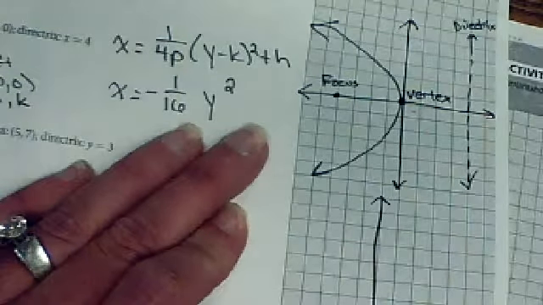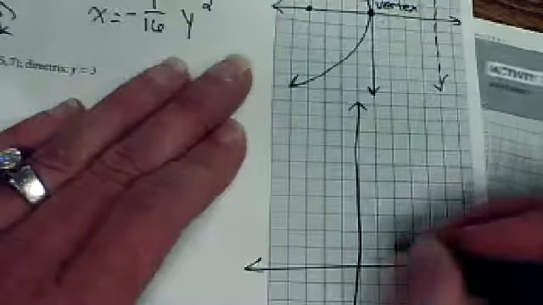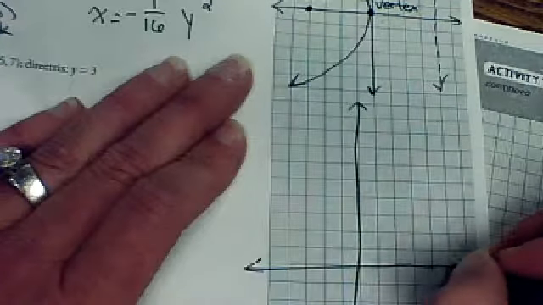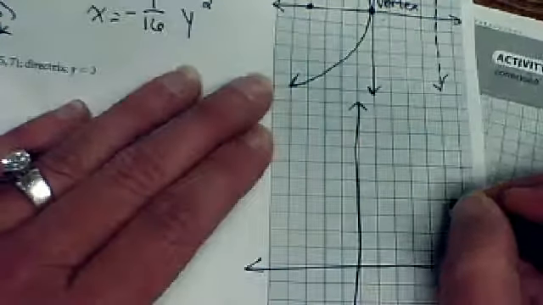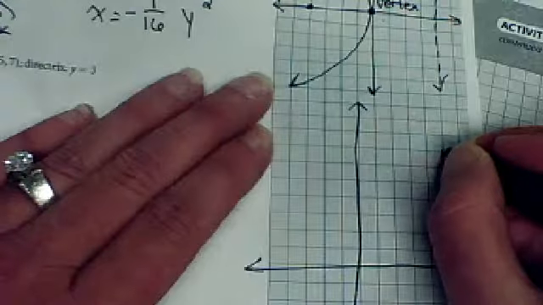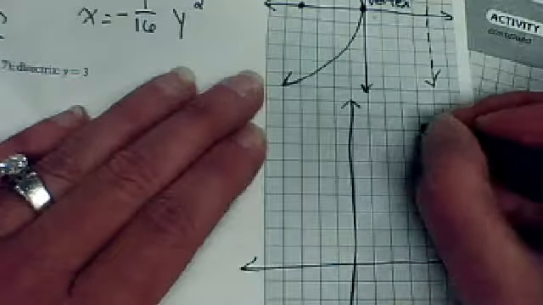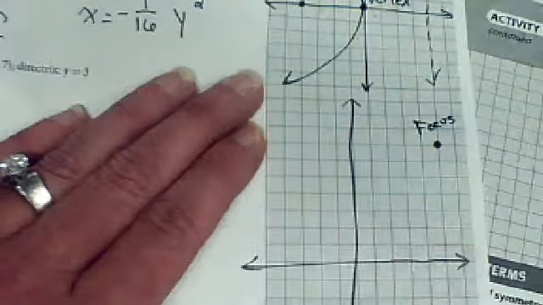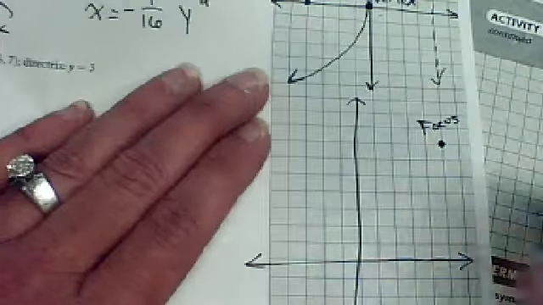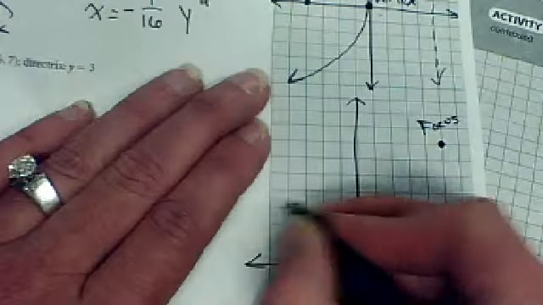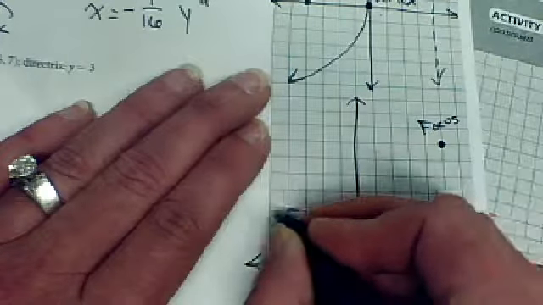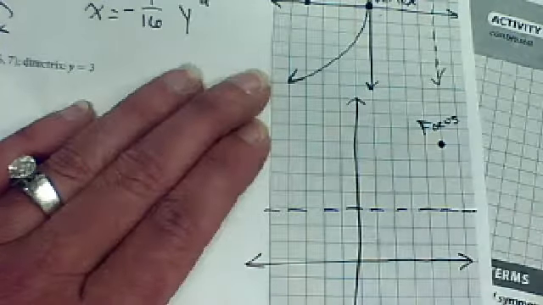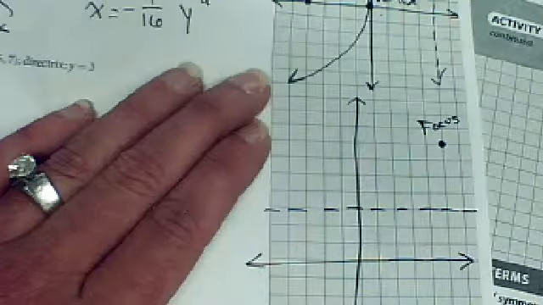May have to scoot over a little bit here. (5, 7). 1, 2, 3, 4, 5. 1, 2, 3, 4, 5, 6, 7. That's the focus. They're telling us the directrix is a line y equals 3. That's a horizontal line. Here's where y is 3. So it's going here. And it says it opens up.